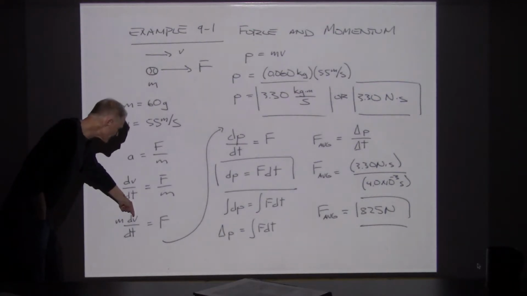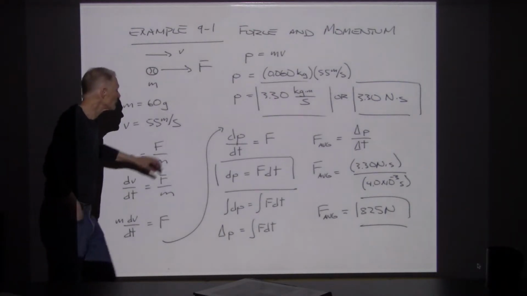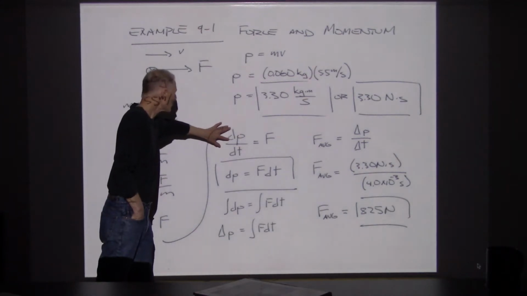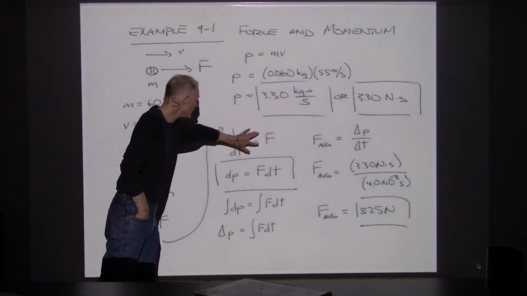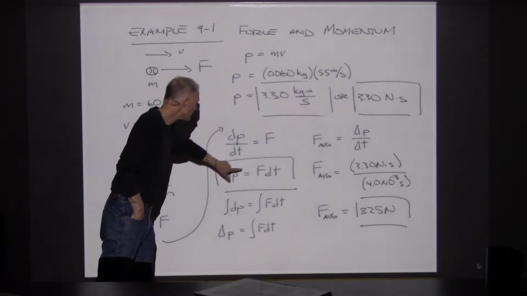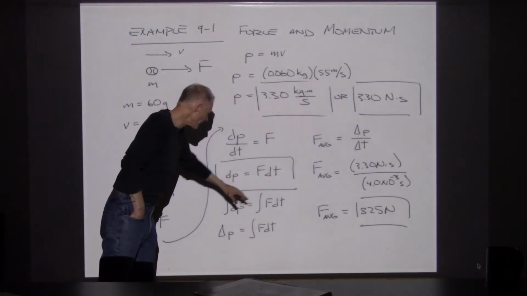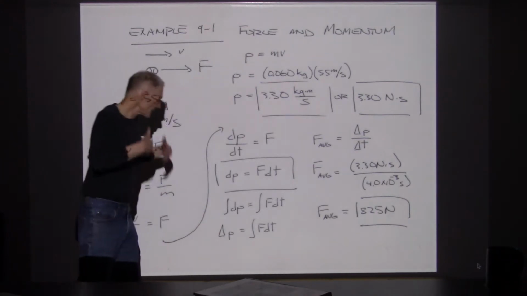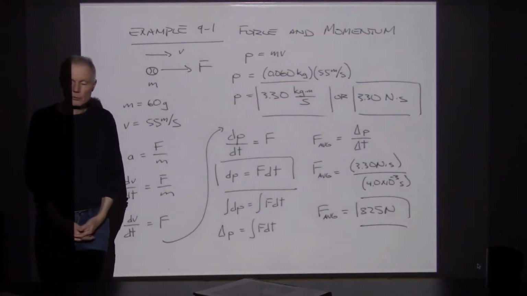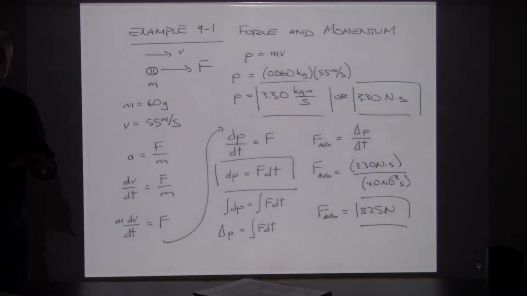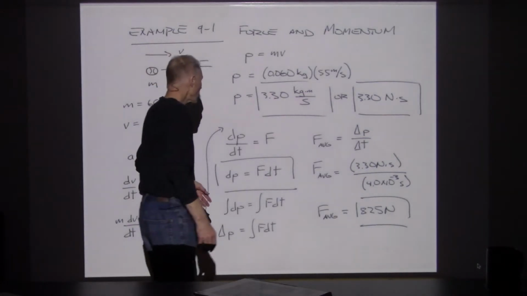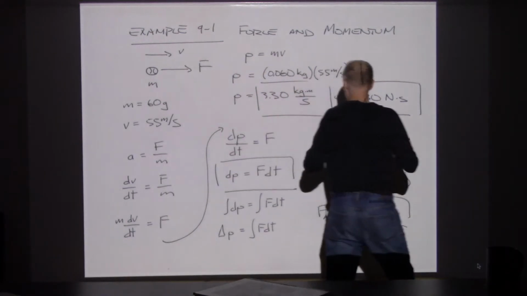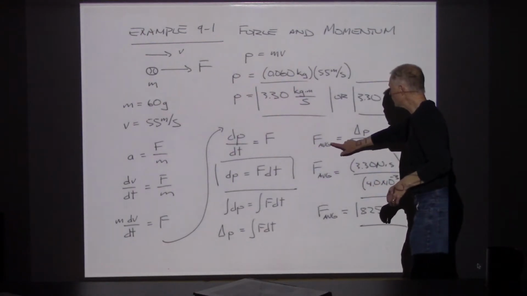That becomes dp, so dp/dt is equal to F. dp is equal to F dt. We can integrate both sides. And it says that the momentum increase or decrease is going to be equal to the force integrated over the time when the force was acting. So an average number for that would come from here.